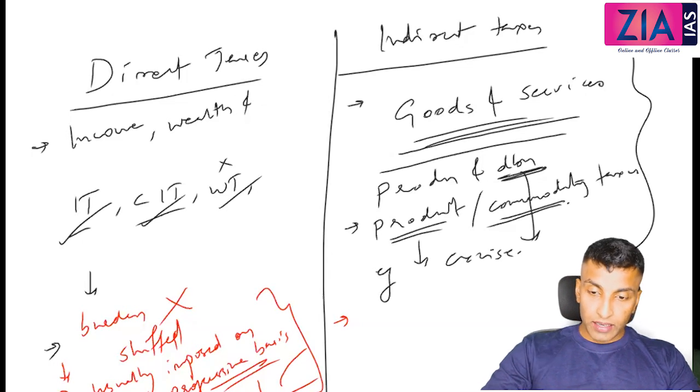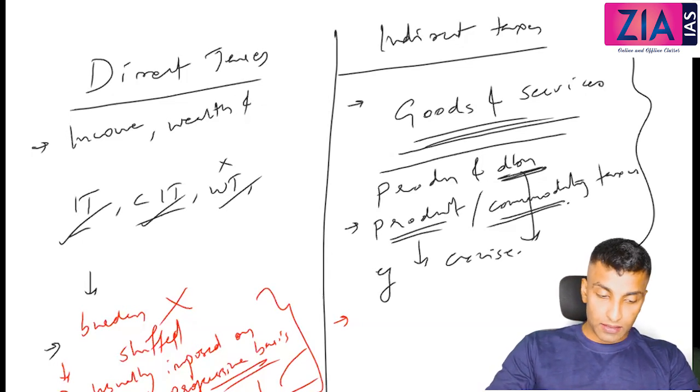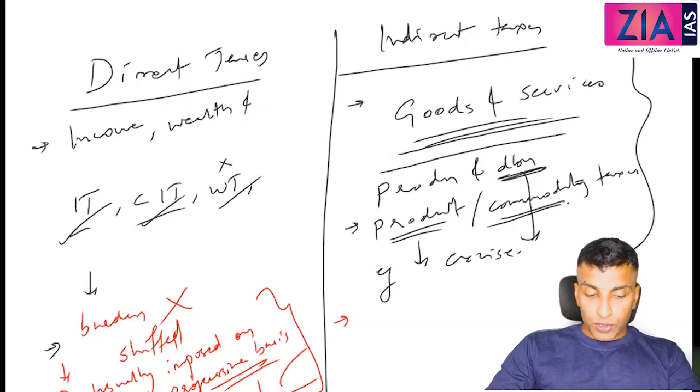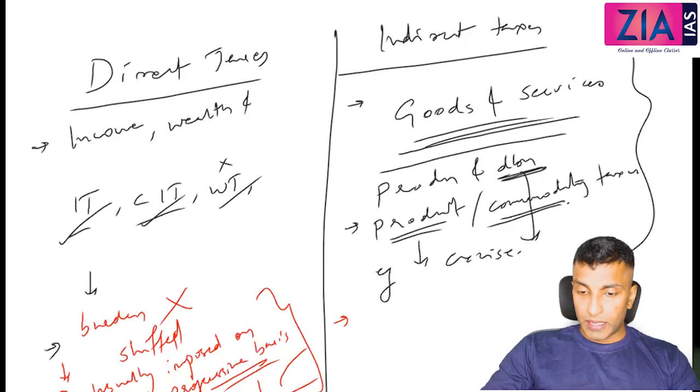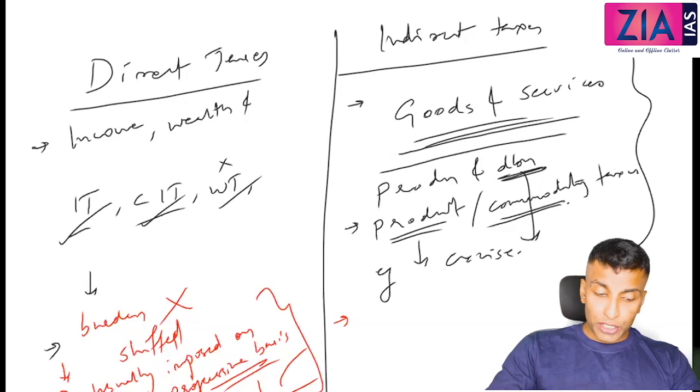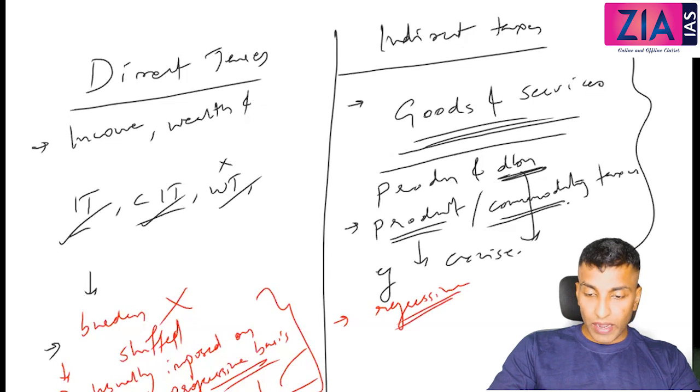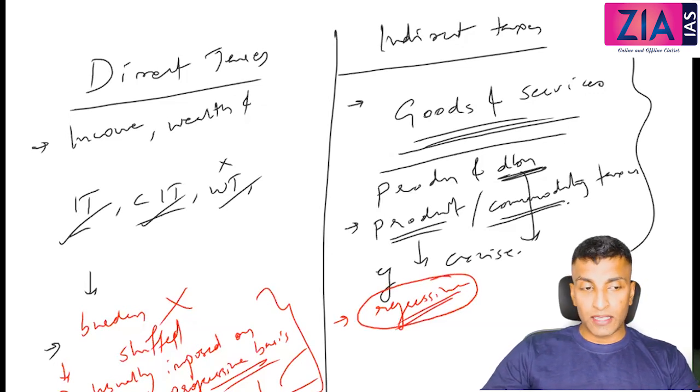But in case of indirect tax, it is imposed on proportional basis because it will be flat. But actually, it is regarded as regressive in nature. Why is it regarded as regressive in nature? Because the poor person also needs to pay the same tax. So in that context, it is considered regressive in nature.